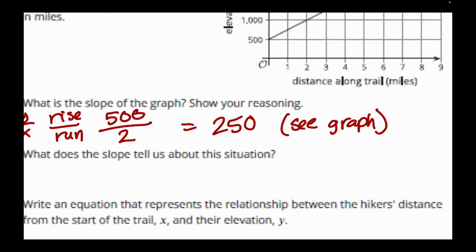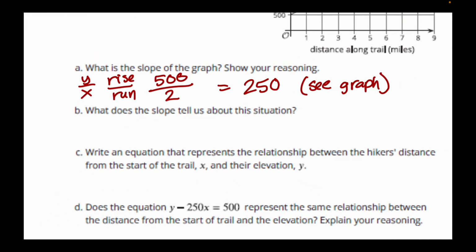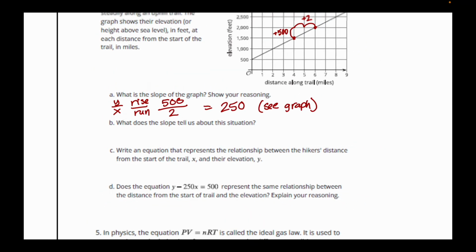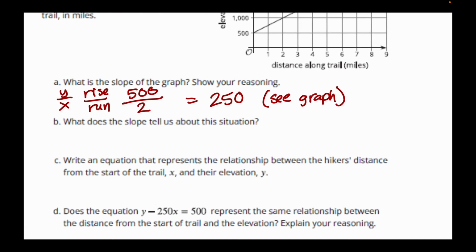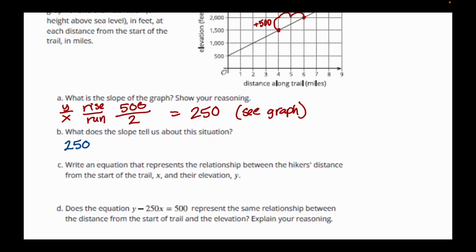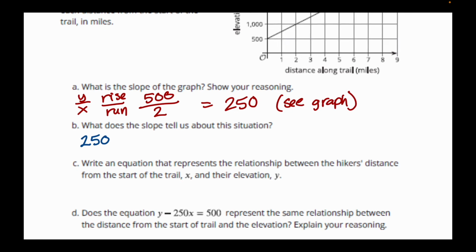Okay, so now what does the slope actually tell us? What does that 250 mean? Well, it's 250 over 1, and the vertical is elevation and the horizontal is miles. So this would be 250 feet of elevation. They're gaining, so it's positive. So I'm going to write this as a sentence.